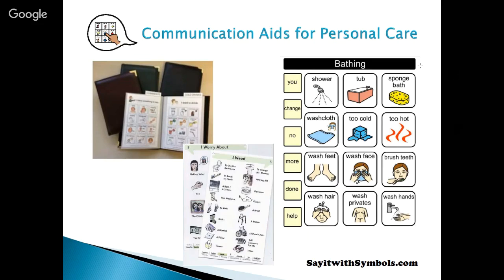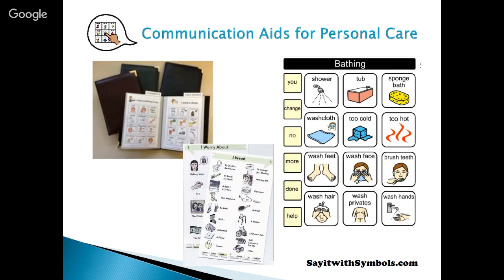This bigger one here is part of our big picture communication book. As you can see, the images are big. The targets are about 2 by 2. And this comes in a spiral bound book. And there are about 20 different pre-made choice boards or communication boards relating to comments and social situations, activities, personal care, and foods and meals.